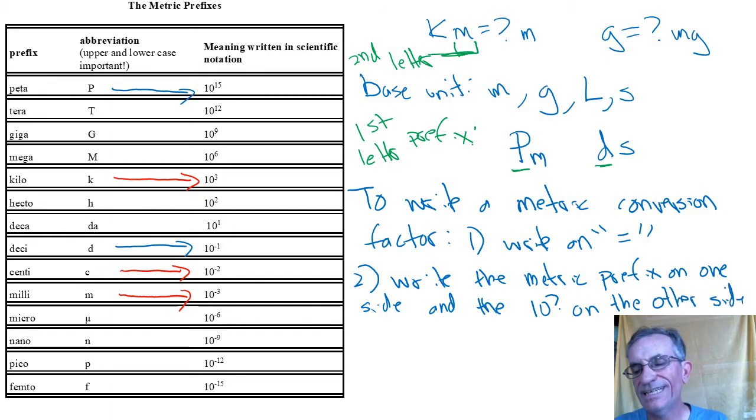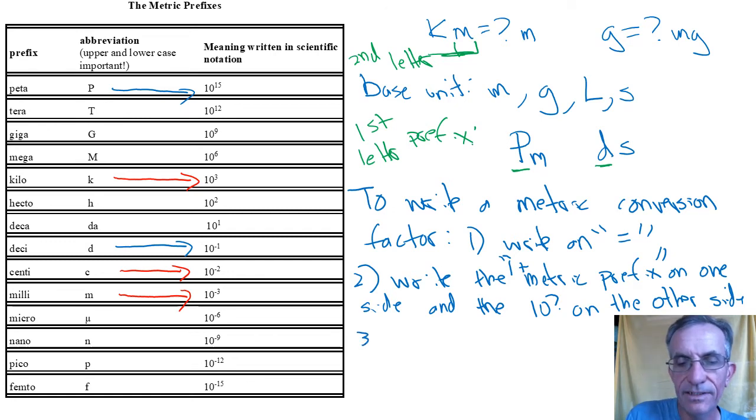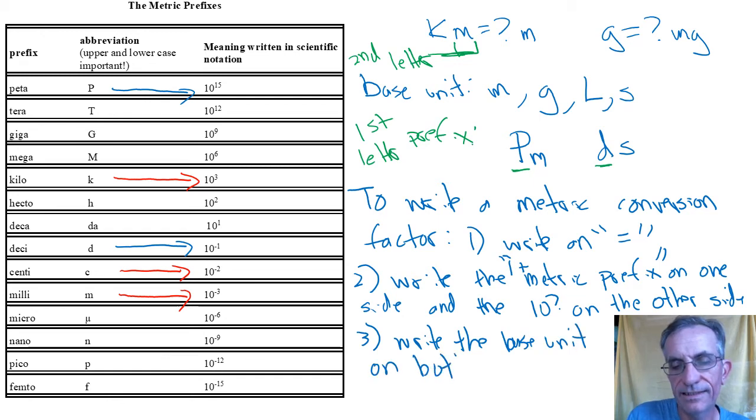And actually, I need to fix something there. You don't just write the metric prefix, you write 1 and the metric prefix. That'll make more sense when I do an example. And then you write 10 to the whatever on the other side. And then the last step is you write the base unit on both sides.